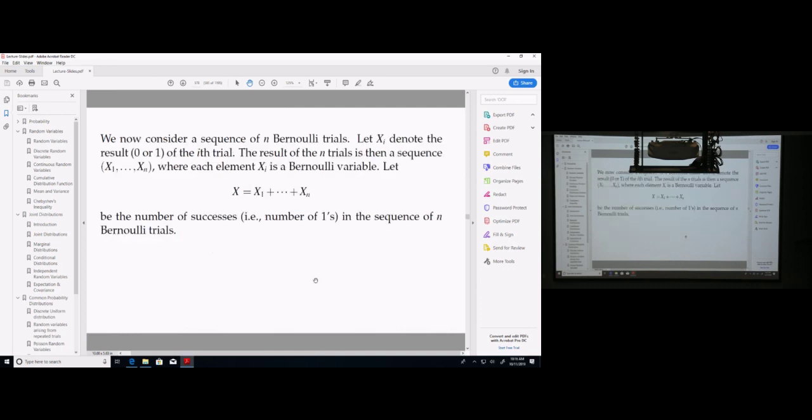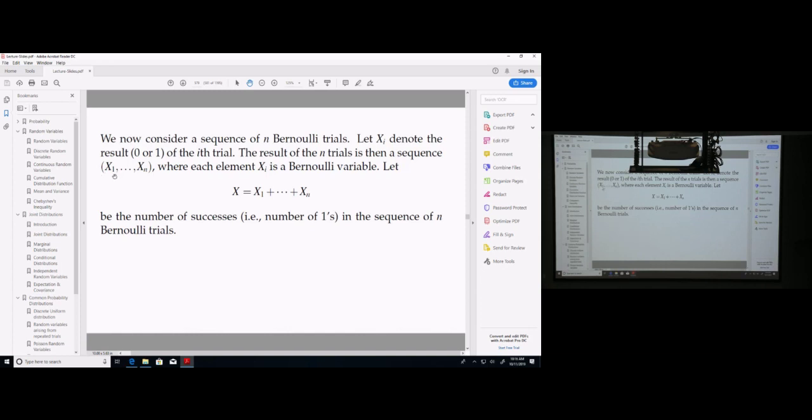Now, we consider a sequence of n Bernoulli trials. Let xi denote the outcome of the ith trial. The result of the n trials is then a sequence x1 up to xn, which tags exactly whether it's a success or failure at each trial.